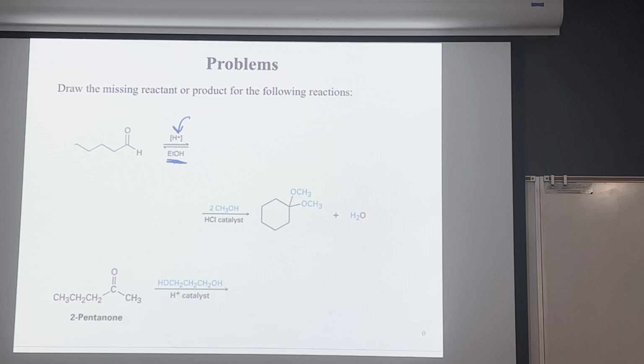Okay, so the ETOH, that right there, folks, is our ROH. So we've got those carbons like that. So I'm just going to go ahead and draw the red portion.